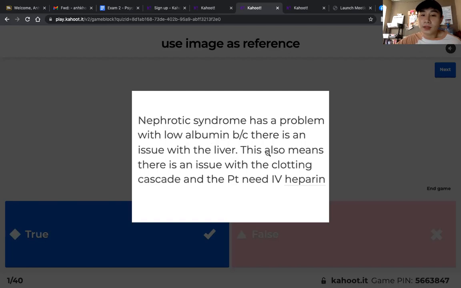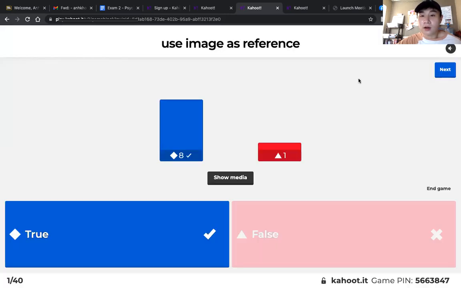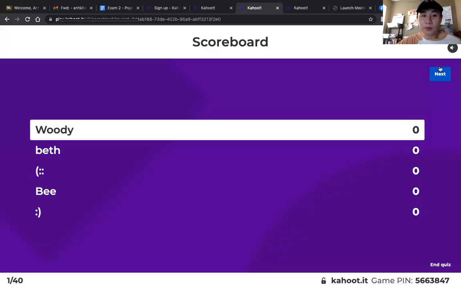This also means there is an issue with the clotting cascade and the patient needs IV heparin. Protein is one of the major parts of the clotting system, so that's why the patient needs IV heparin if there's an issue with the protein. All right, let's move on.